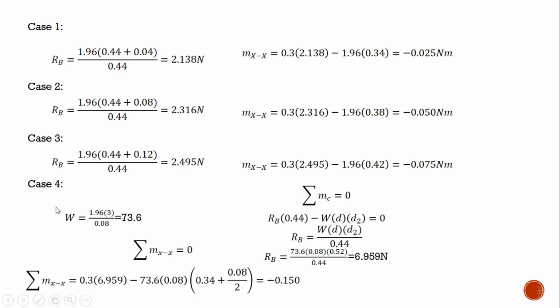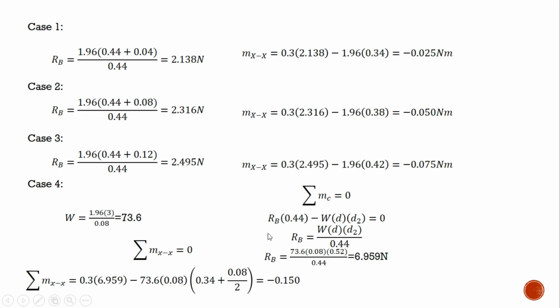And case 4 is different. We take 0.96 times 3, which means the 3 loads, divided by 0.08 equals 73.6.